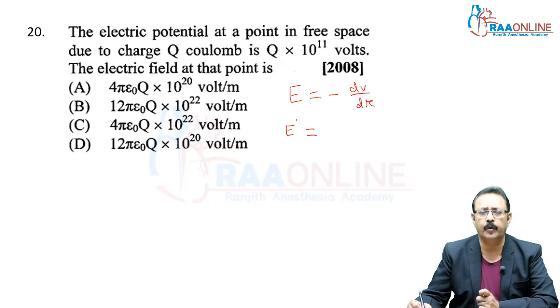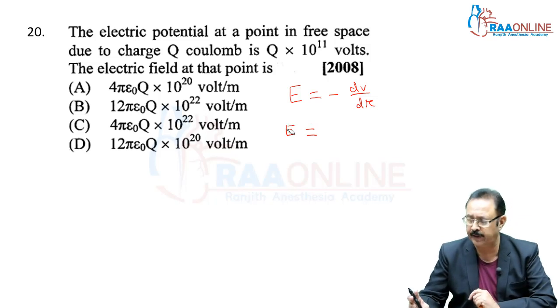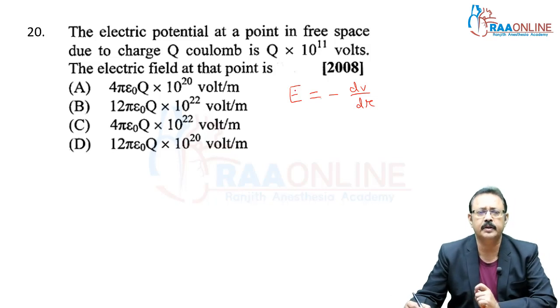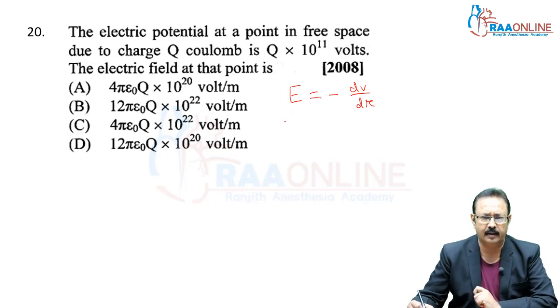The electric potential at a point in free space due to charge q coulomb is q into 10 to the power 11 volt. The electric field should be, so we have two formulas for this. We don't have R, so suppose the distance of that point is R. First we will calculate V. What should be V?